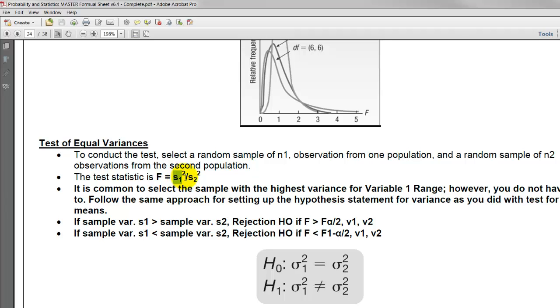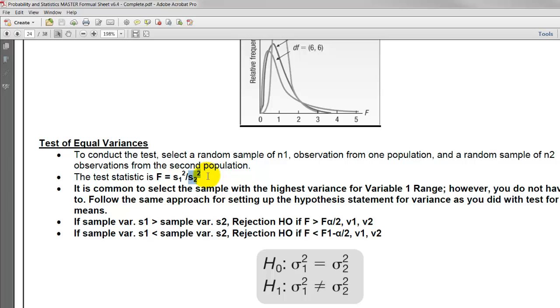Let's call it 10 just for the example, where sample 2 has a variation of 1. If we do this, we're left with a value that's positive, in fact greater than 1 in ratio. What if we have the other hand, though? What if S1 is 1 and S2, the variation, is 10? Then we have a fraction, a fraction below 1.